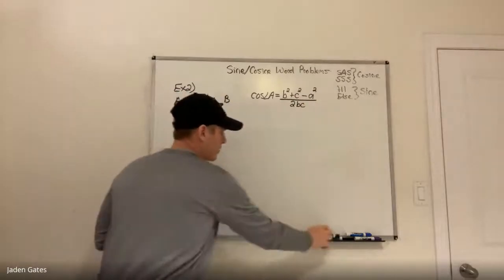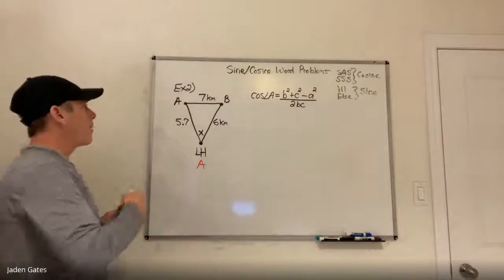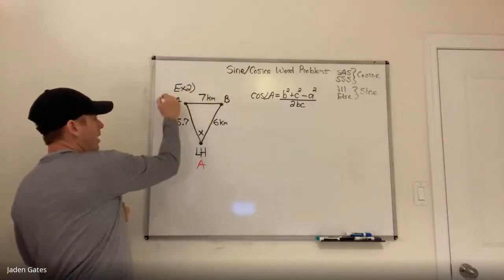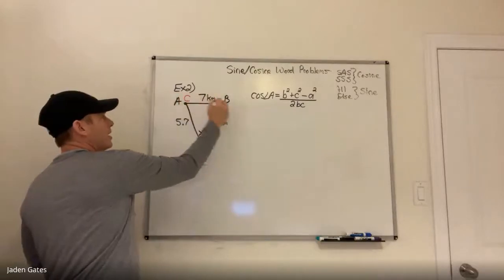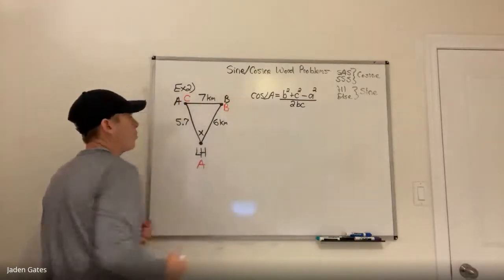Because I labeled the lighthouse angle A, I got to change these. So it is still boat A, but I'm going to call it the C spot. And B, I might as well keep the same, so B is point B.